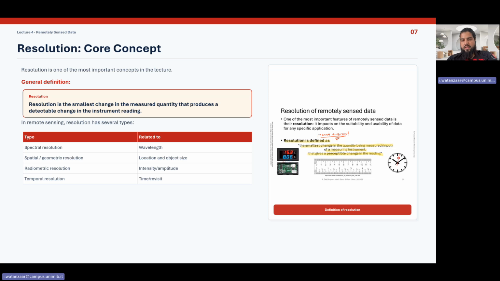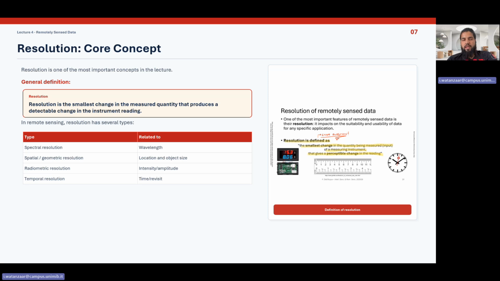A detectable change in terms of spectral resolution, spatial or geometric resolution, radiometric resolution, and temporal resolution. Resolution is about finer details. All of these are types of resolution that can affect the measurement instrument while producing the acquisition.